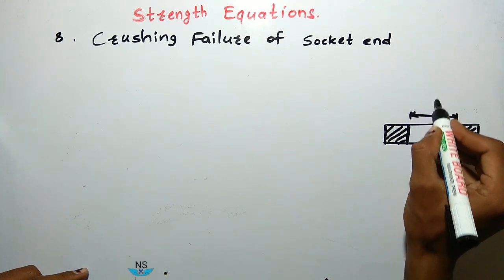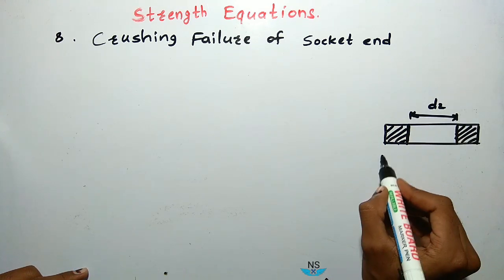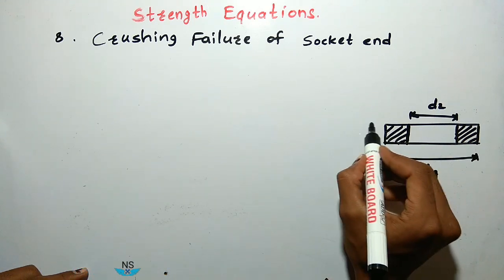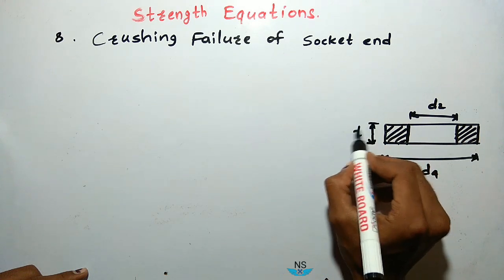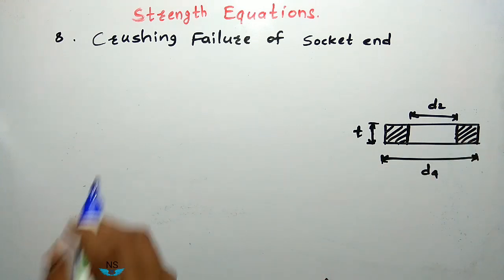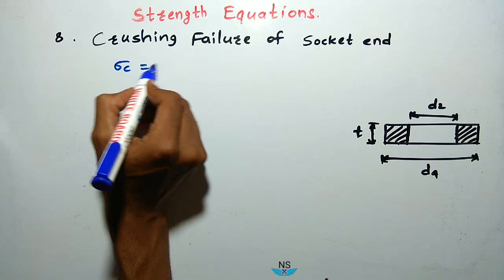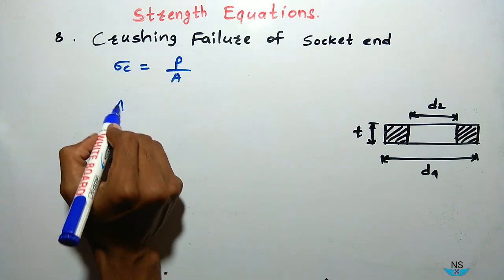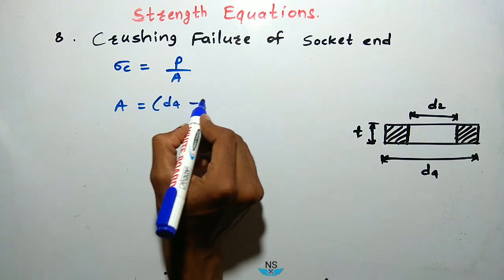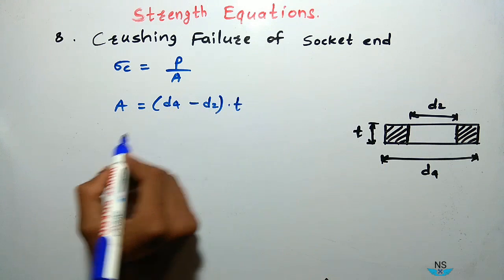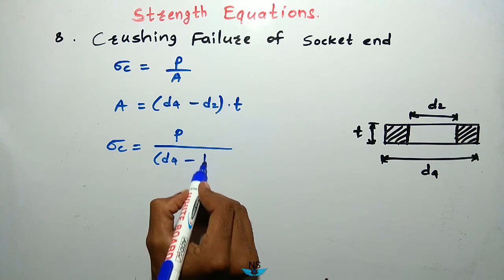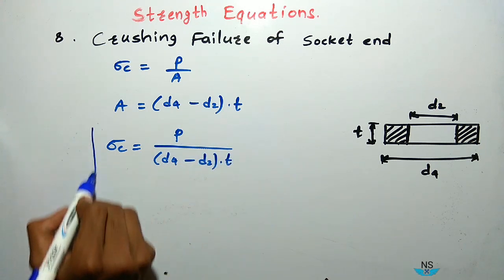So this is the inside diameter of socket. This is the diameter of socket collar D4, and this is the thickness of slot or thickness of cutter T. So here crushing failure will take place. So sigma C is equal to P divided by area of crushing, D4 minus D2 into T. So sigma C is equal to P divided by D4 minus D2 into T.